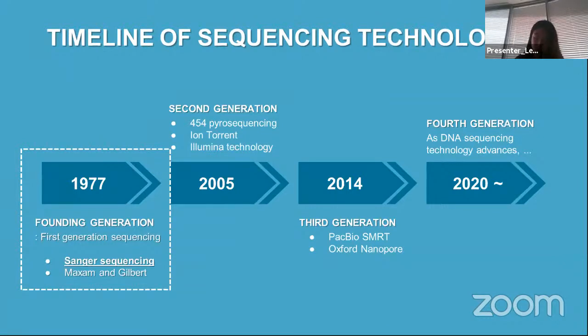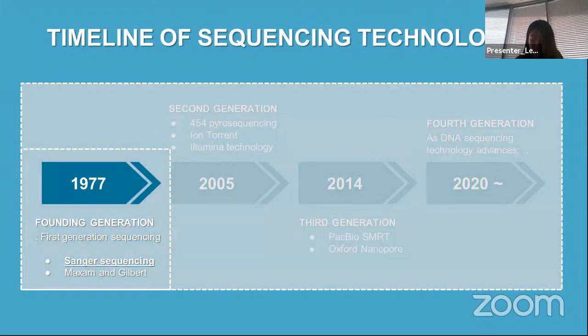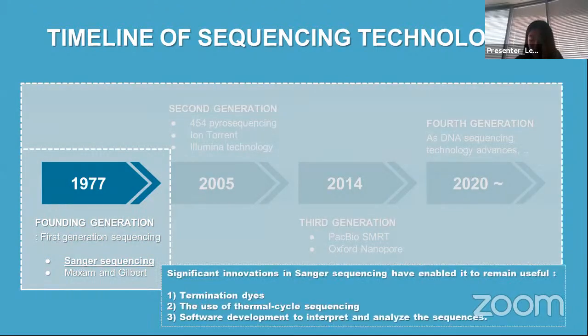Although relatively slow by current NGS standards, improvements in the Sanger chain terminator methodology, automation, and commercialization have enabled it to remain the most appropriate sequencing method for many current applications.